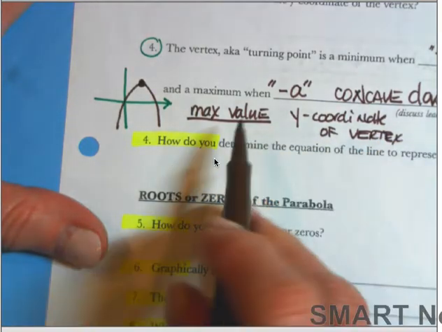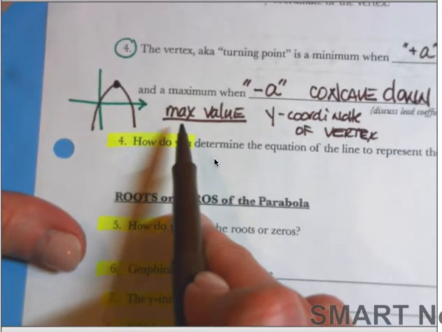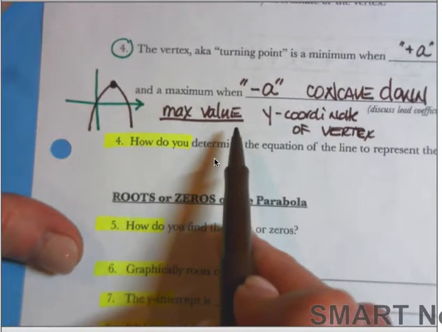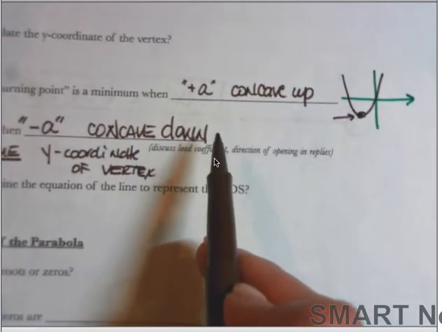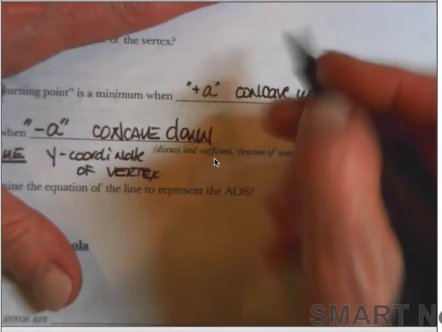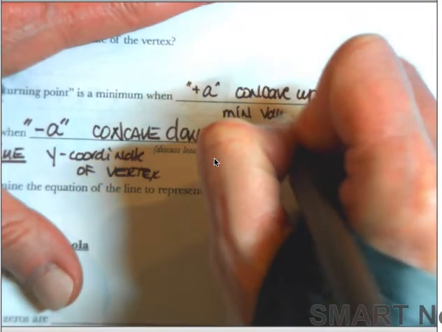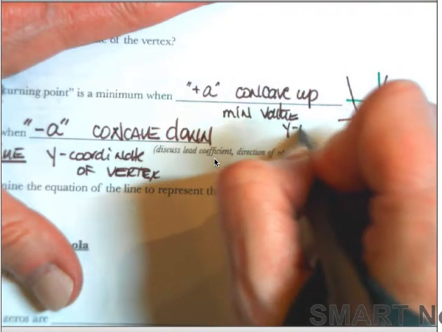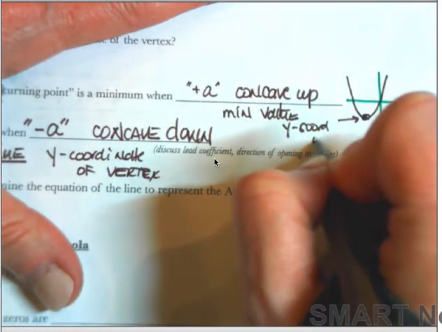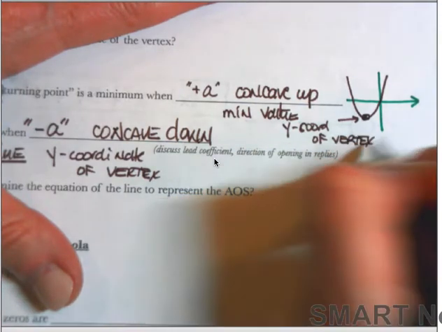The point itself would be considered a maximum, and the actual value, the maximum value of the function, is the y-coordinate of the vertex. And then the same logic would apply with the minimum. If you were asked for a minimum value, it would be the y-coordinate of the vertex, whatever that is. That would be the minimum or maximum value of the function.